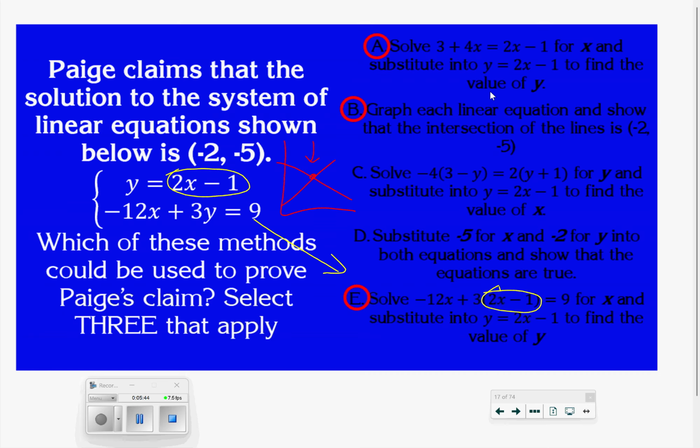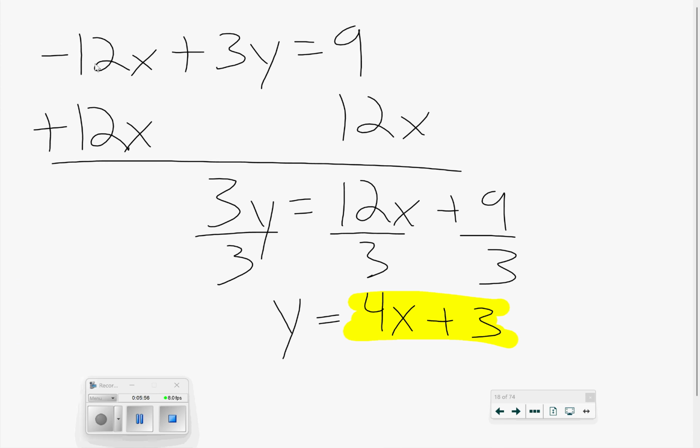Now this one, it's got this expression here, 3 plus 4x. Where does that come from? Well, take a look at this: -12x plus 3y equals 9. If you solve for y, you end up with 4x plus 3, or 3 plus 4x. So solving for y reduces this down.